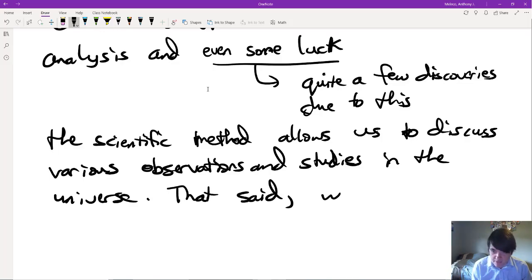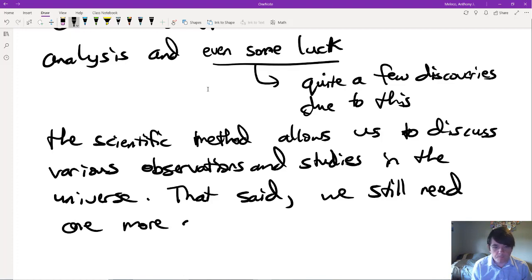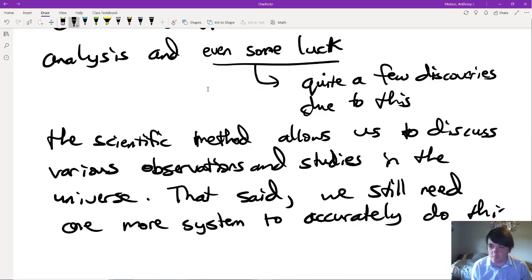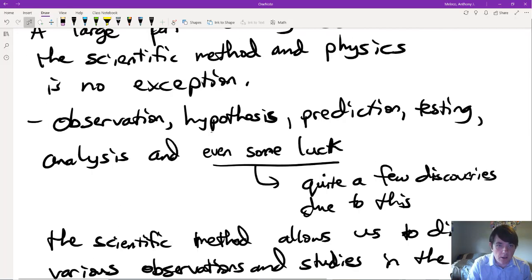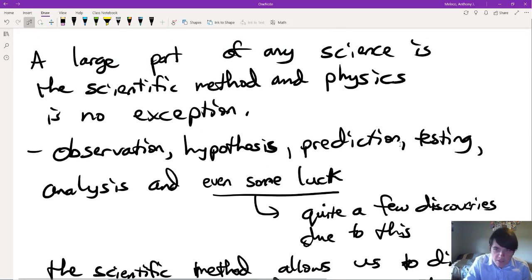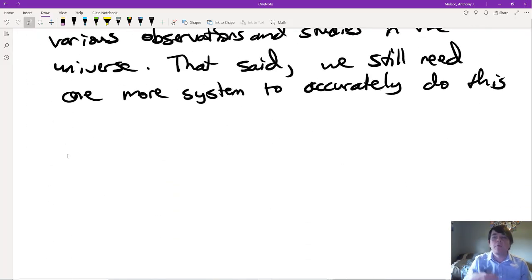That said, we still need one more system to accurately do this. Okay, so let's think about this. You just do the study. Okay, you've observed, you've had several hypotheses, predictions, tests, blah blah blah. That all means nothing without telling your audience about the error. Okay, so that brings us to error.